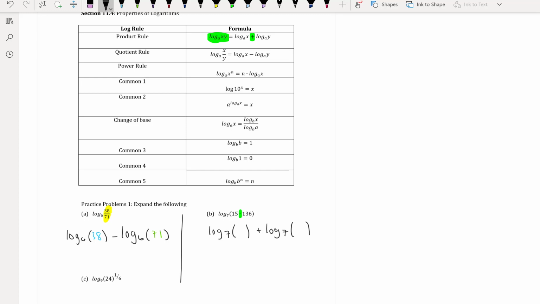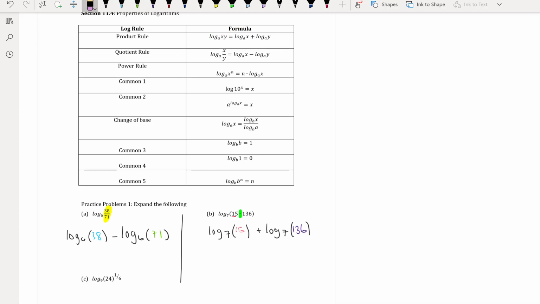What am I going to put where? Well, the thing that came first comes first. So this 15 is going to come first. Then afterwards, 136 gets into that second log.